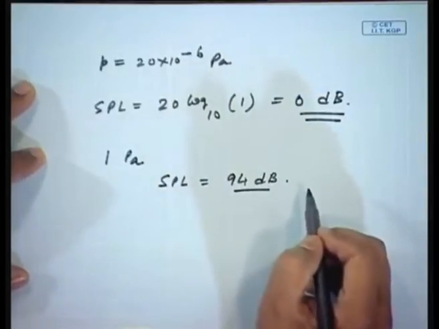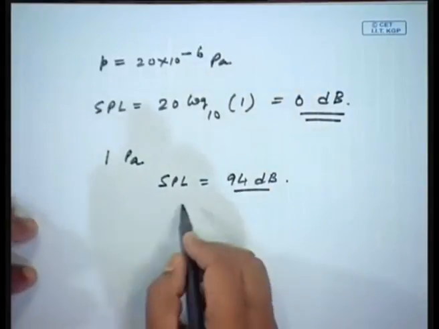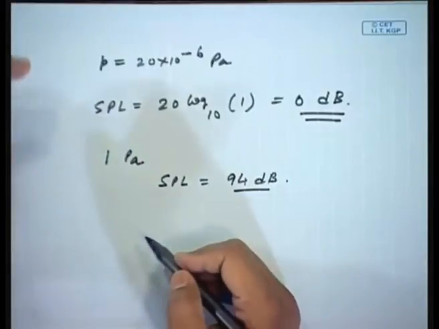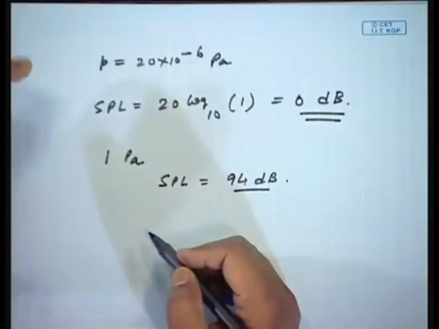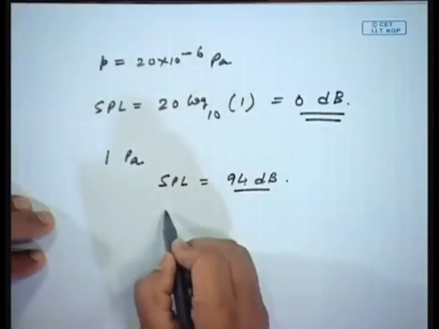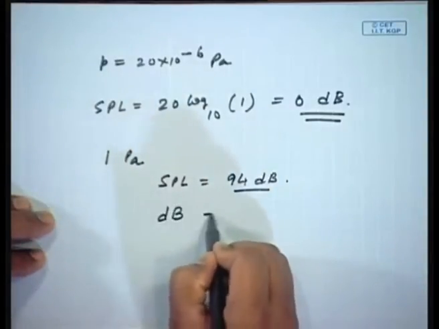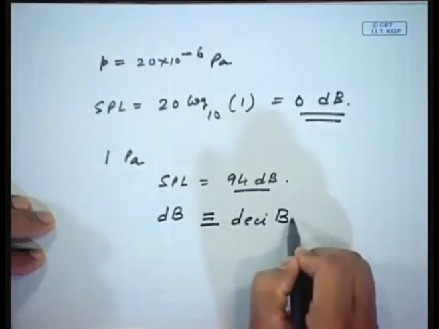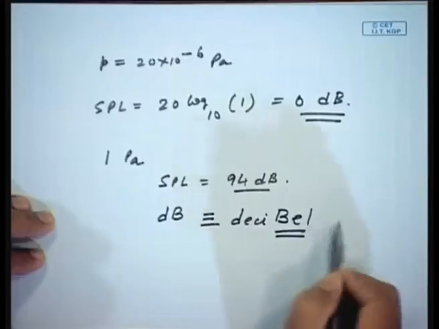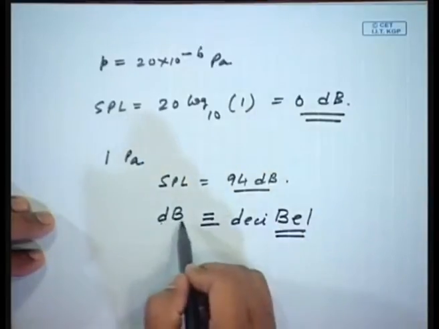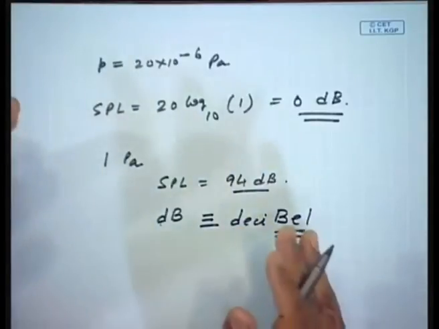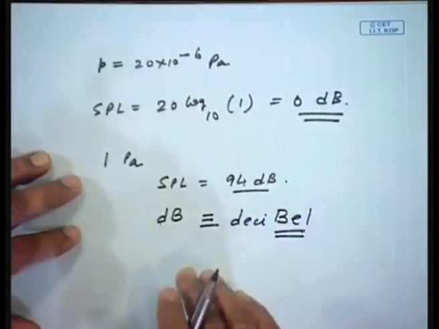So, you see, by using the log scale, all I have done is reduce the numbers to a range from 0 to 94 decibels. This is written as dB, small d capital B, decibel. Okay. So, SPL is the magnitude of the sound pressure level given in decibel.